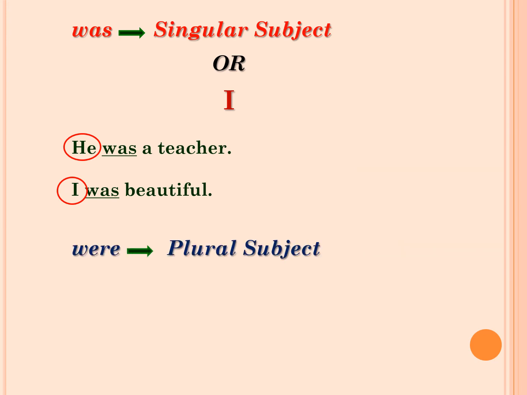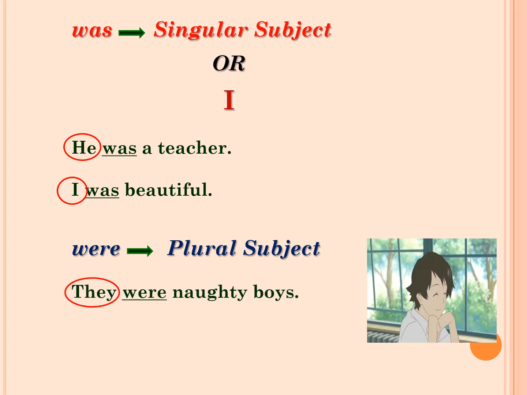In case of past tense and our subject given is plural, then we use were. That means we will replace "are" with "were" in past tense. They were naughty boys. So here the subject is they. That means more than one. That is a plural subject. And we want to talk about these boys, but we want to tell they used to be naughty.